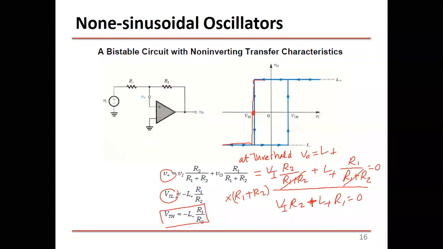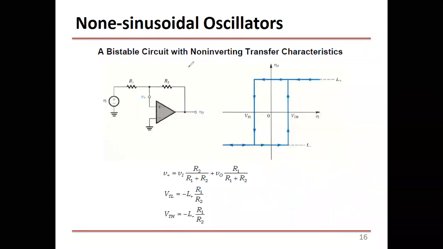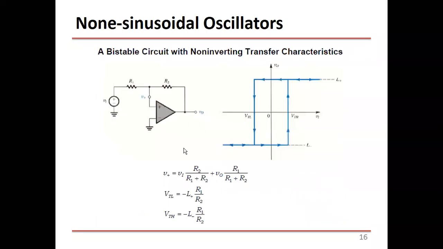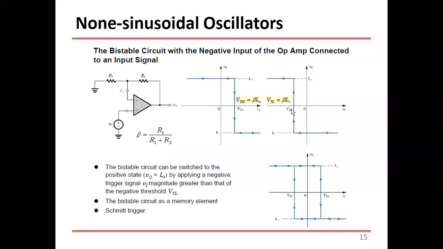So the threshold or trigger values are the same as the one before, except that the curve is flipped. Instead of going this way and switching like here, you do it the other way around. So from negative to positive is the same, except that the values of the threshold or the trigger are different.